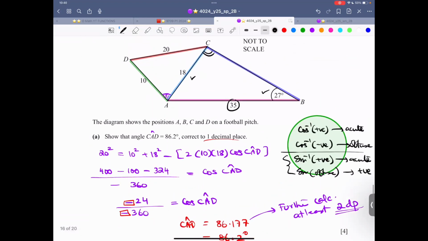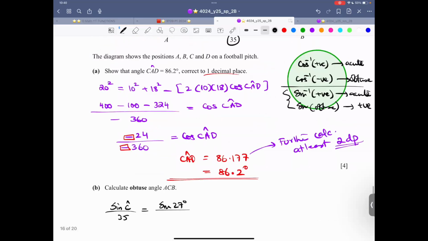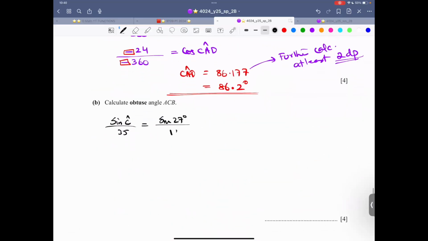So, sine rule. Sine C over 35 is the same thing as sine 27 degrees over 18. Therefore, sine C is 35 over 18 multiplied by sine of 27 degrees.